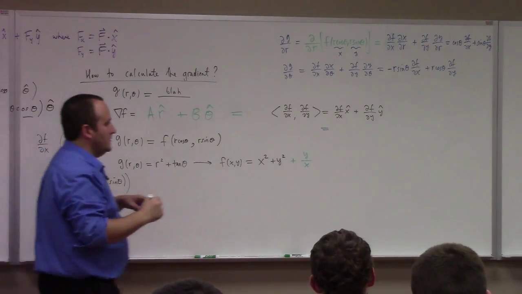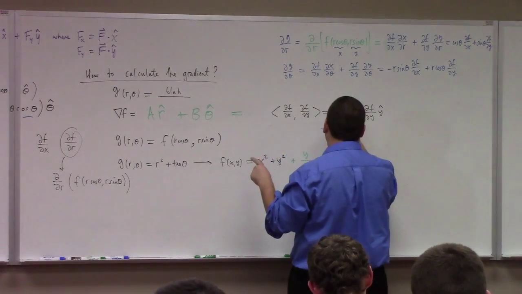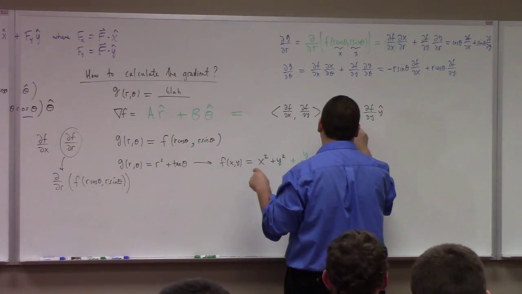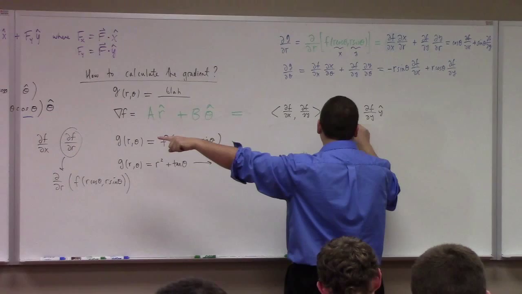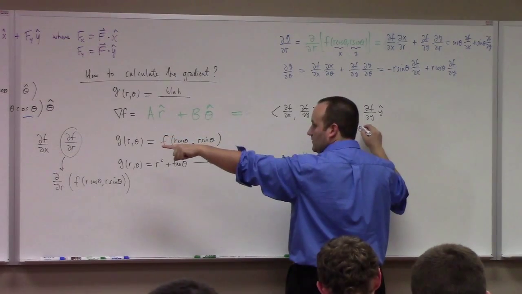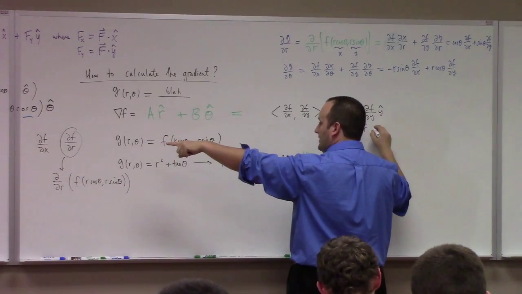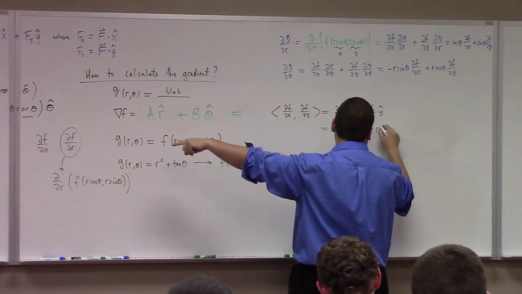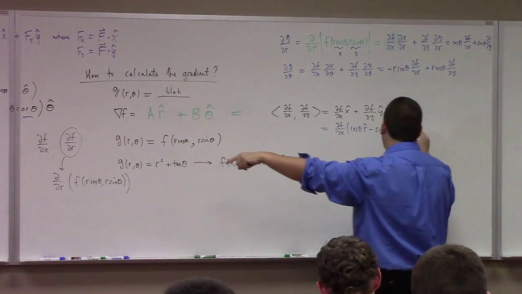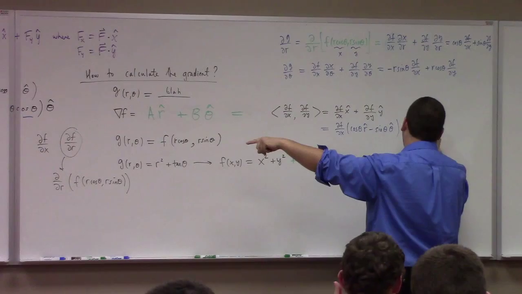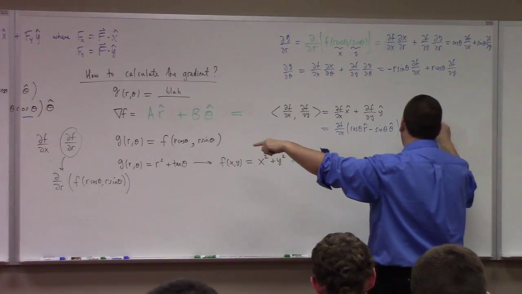All right? So partial f, partial x times x hat, which was what? Cosine theta r hat minus sine theta theta hat, right? Plus partial f, partial y. And then what was y hat?